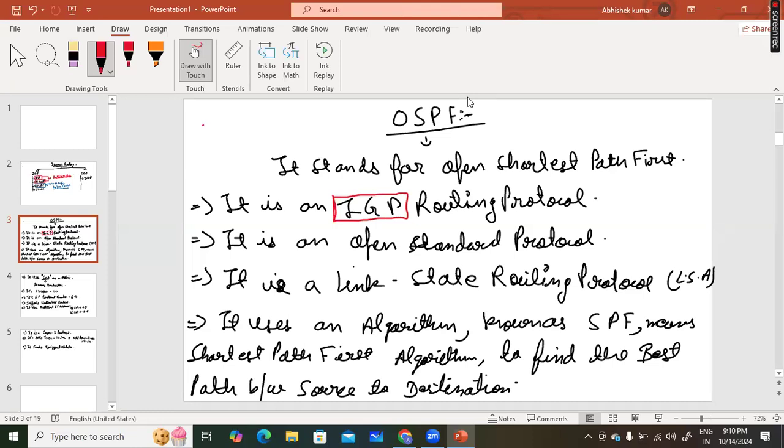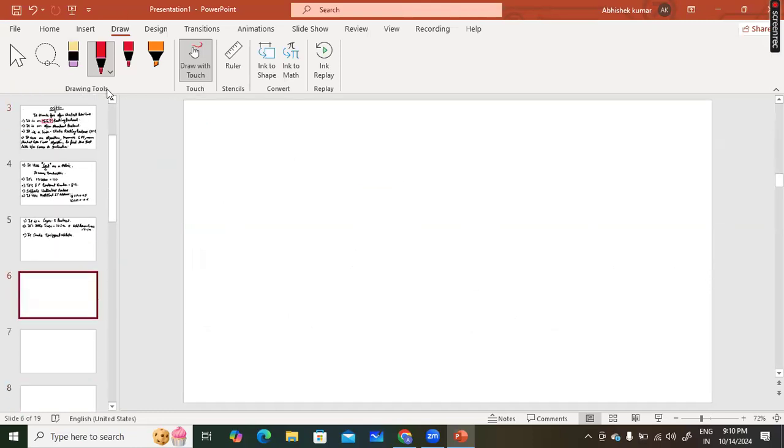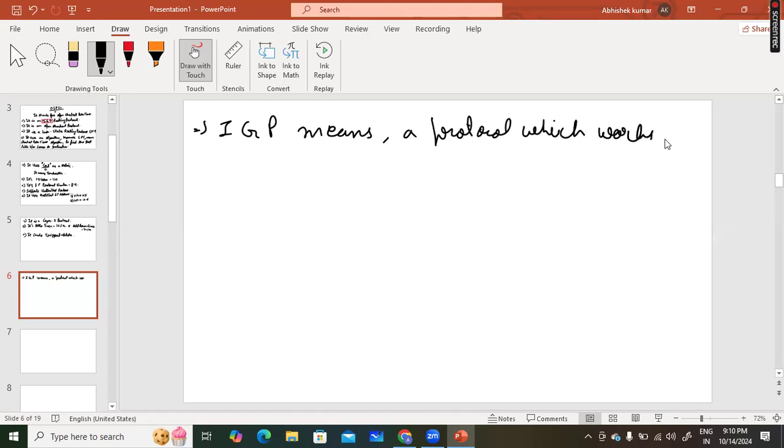It works within the network, within the company or within the organization. Exactly. IGP means a protocol which works within the organization.